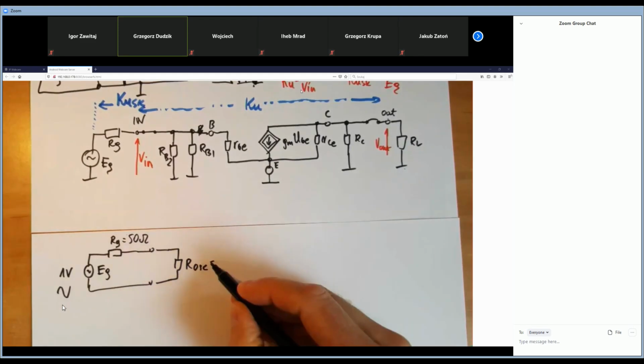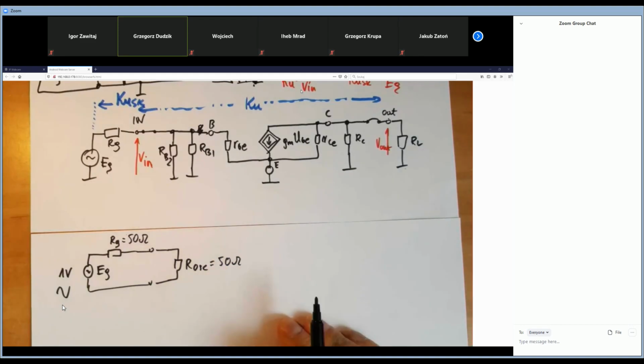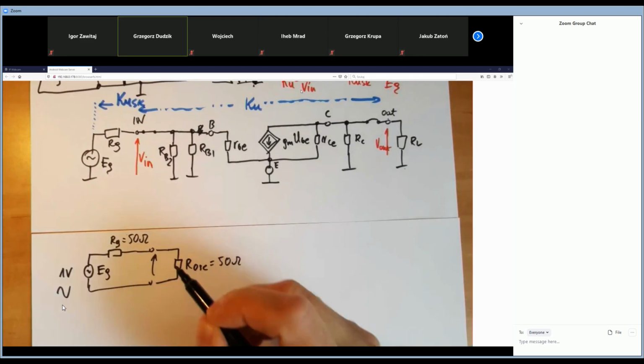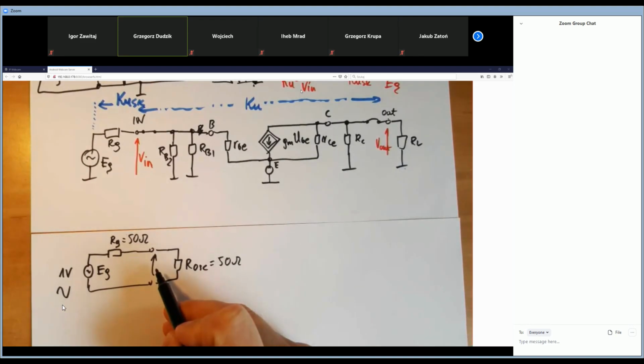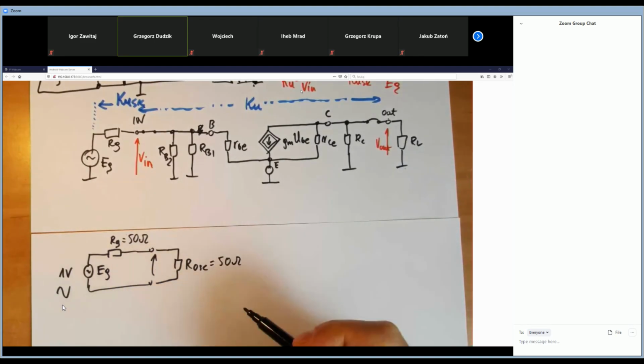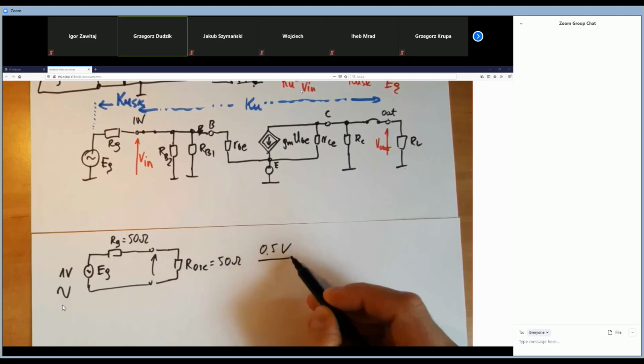Let's say this is also 50 ohms. Please tell me what voltage for the AC signal we will observe here. Half of the voltage. Yeah, it will be half a volt.